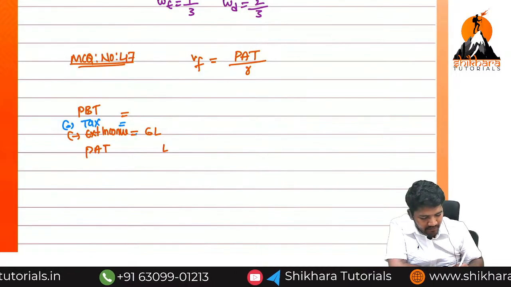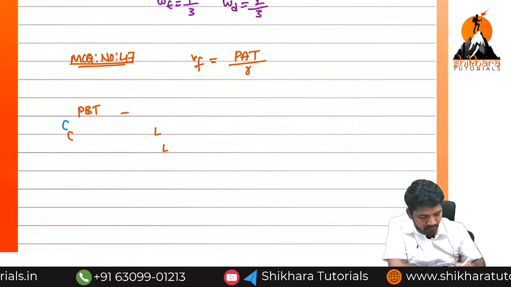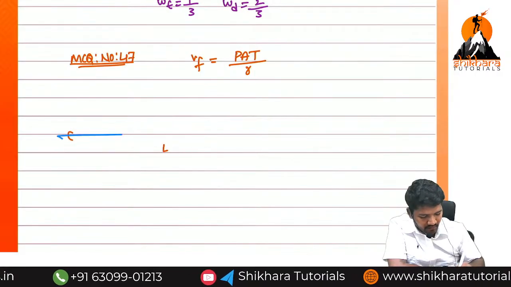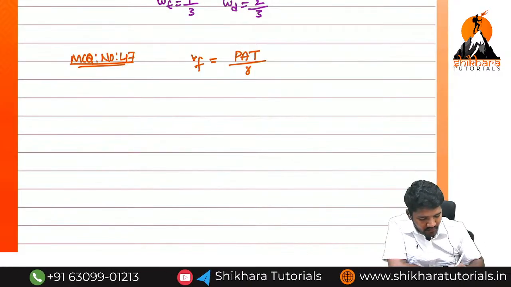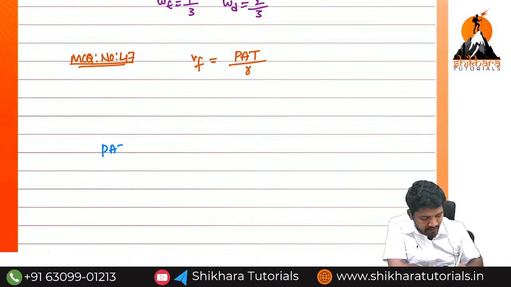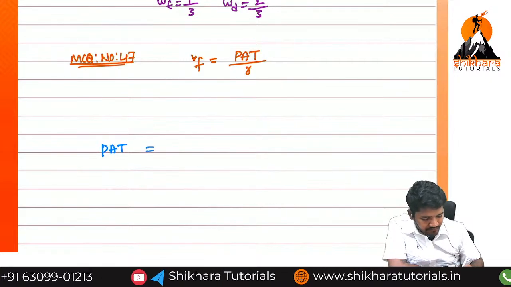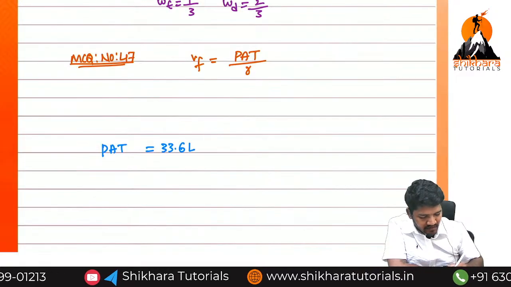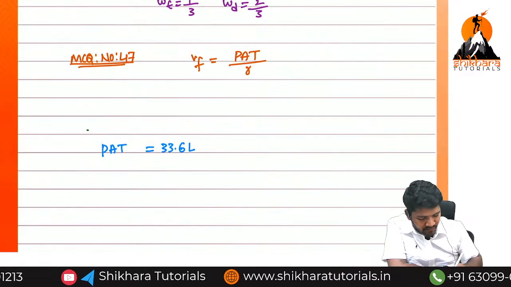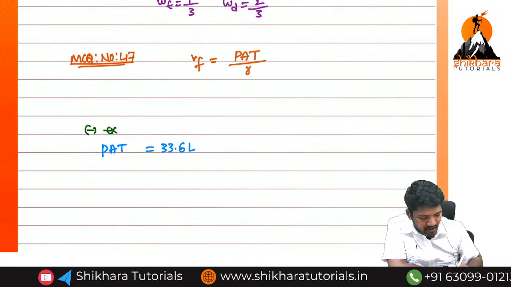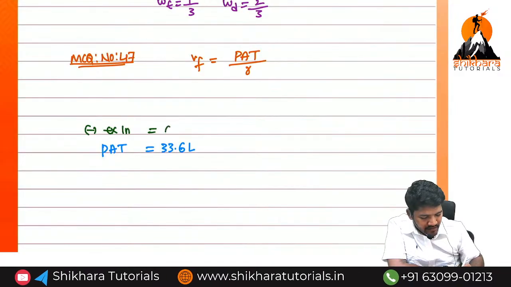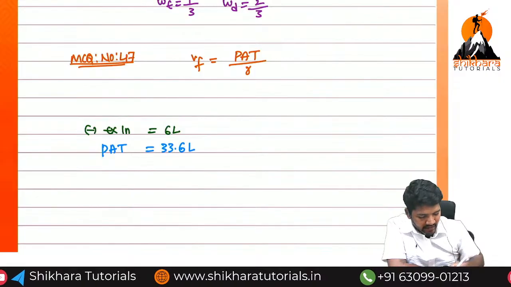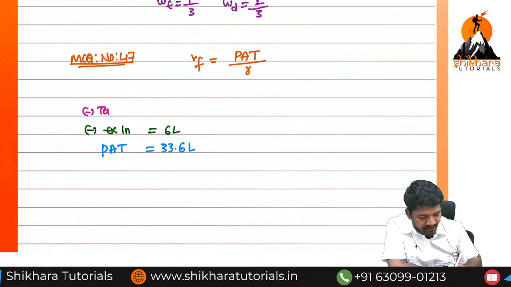So we start from the PAT, 33.6 lakhs. It came because of the extraordinary income of rupees 6 lakhs, and because of tax deduction.